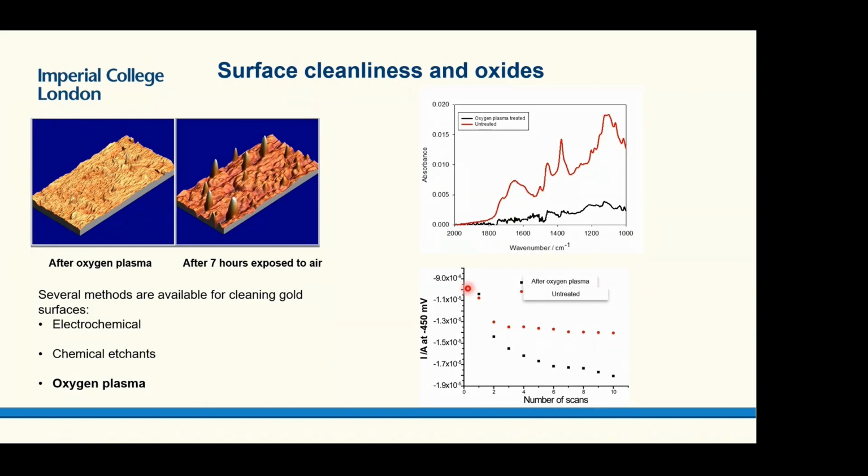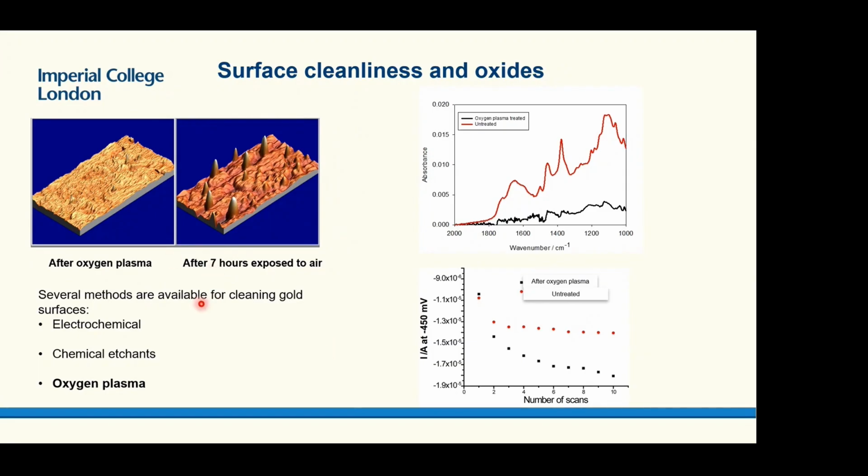You can see here that the untreated, let's say the dirty electrode, responds much less to the presence of the substrate, and practically the sensor is not really working because the catalytic performance is strongly affected negatively.